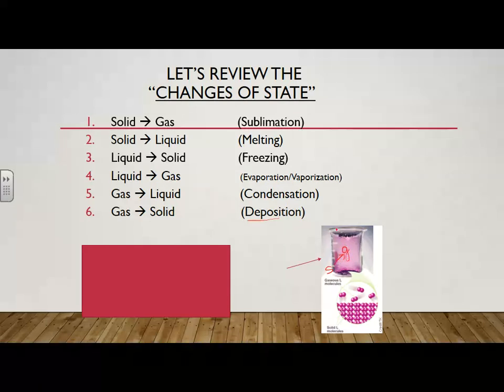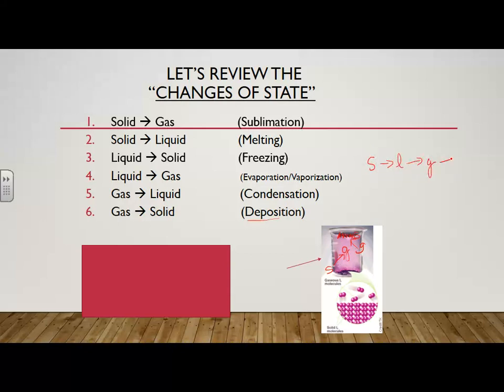Now, as it hits the cool lid here, it starts solidifying again. So this is the gas changing back to a solid up top. This is the deposition as it collects up on the top as little purple crystals of iodine. That's called deposition.